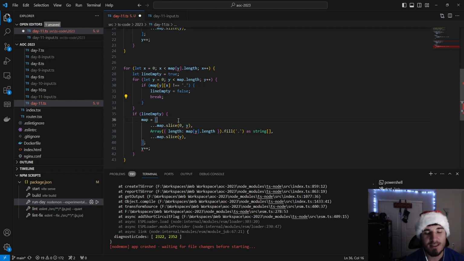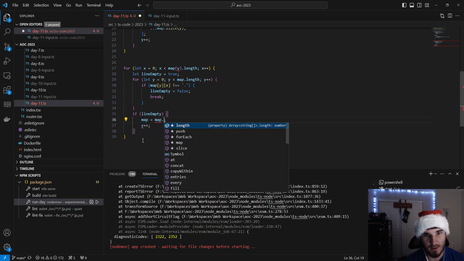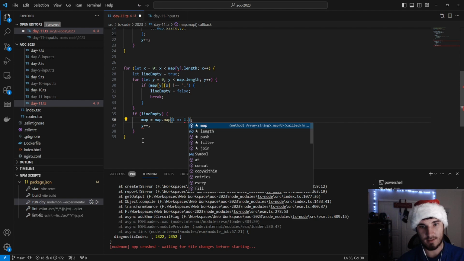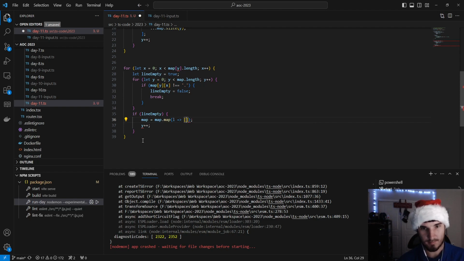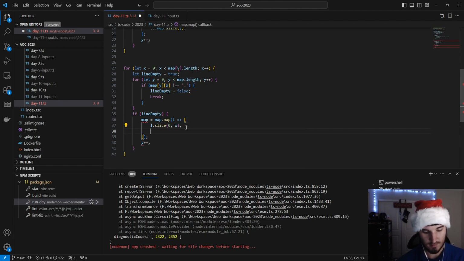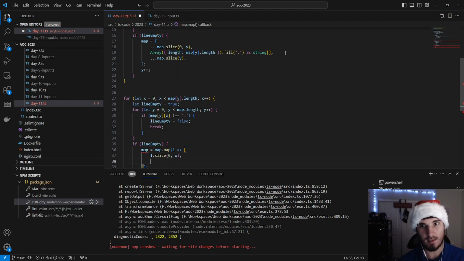Line empty, but this time what's going to happen is it's going to do map equals map dot map line. We're going to have to do line dot slice from 0 to x. Same thing.